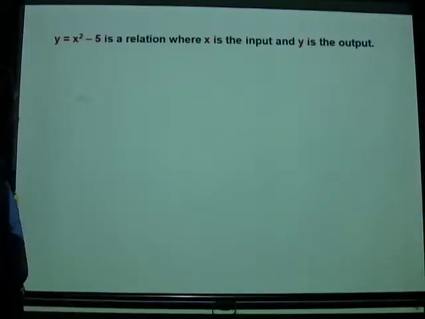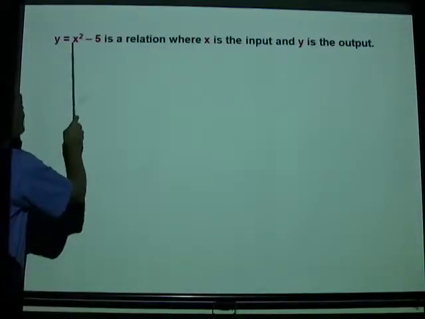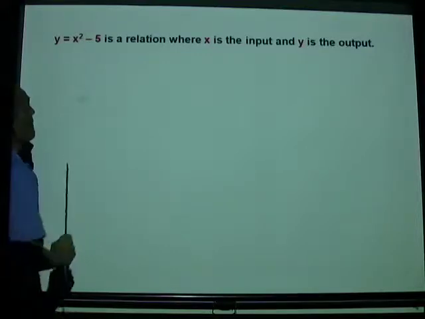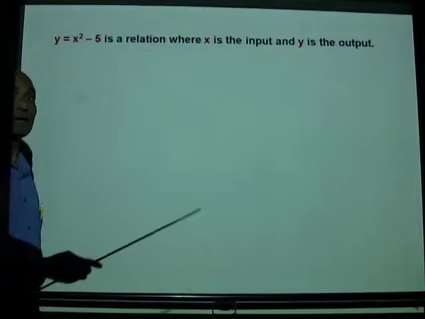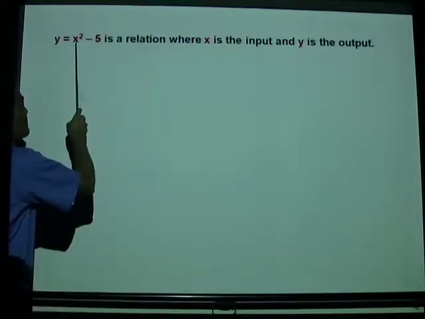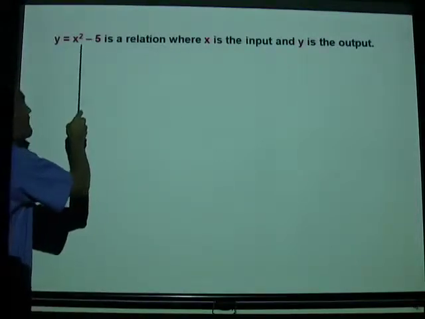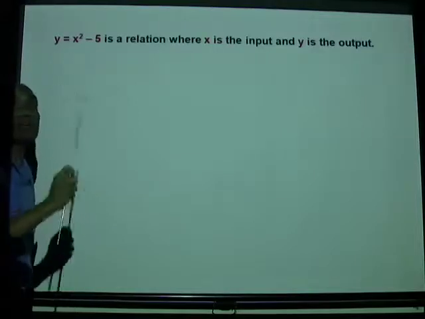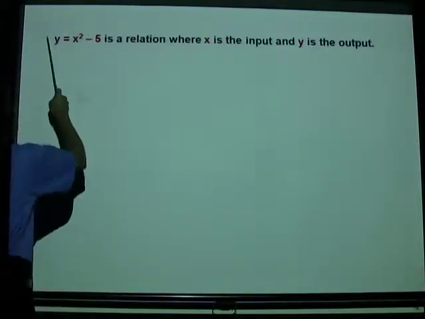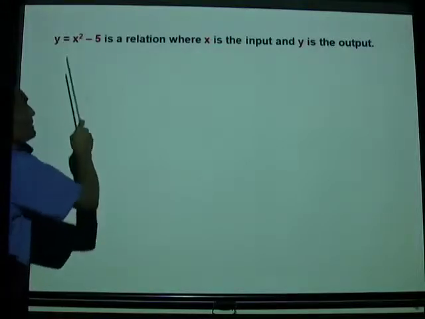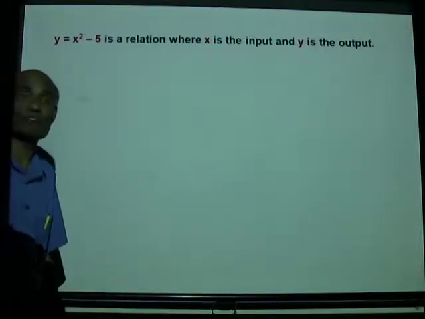Let us now look at another function. y equal to x squared minus 5. This is a function. Why? Because one value of x, one input value, will give you only one output. And also we can say the value of y depends on the value of x.